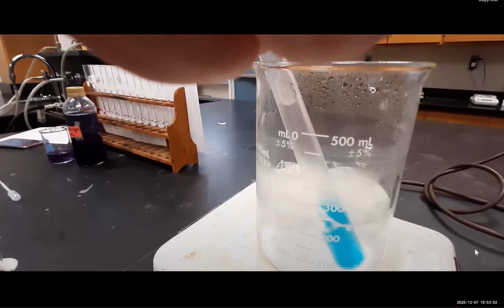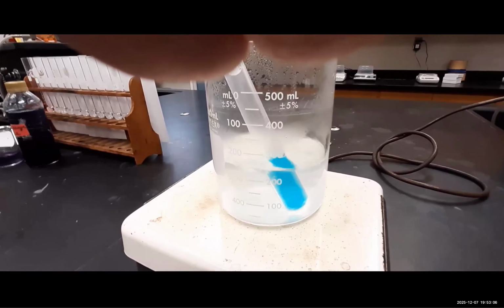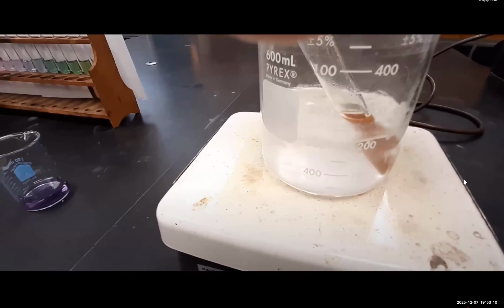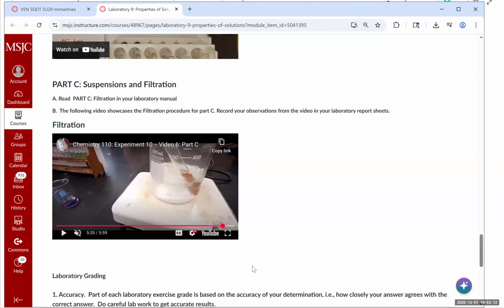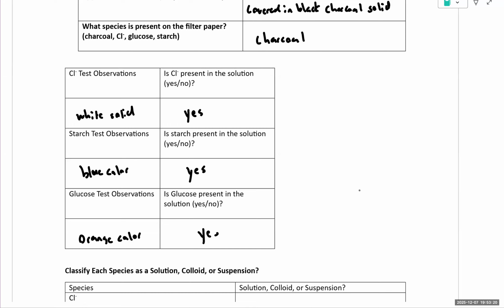So we're going to let it heat for about 5 to 10 minutes. If this test is positive for glucose, we should expect to see the brick red color, which in fact we do. We see that characteristic red-orange color, which tells us that yes, glucose is present.